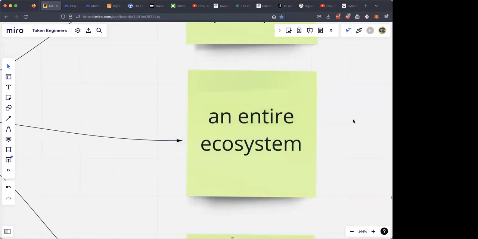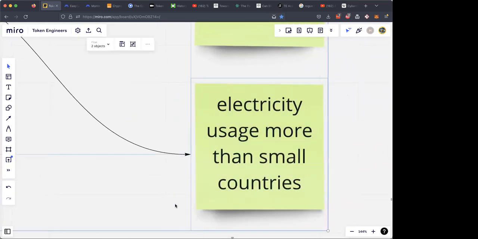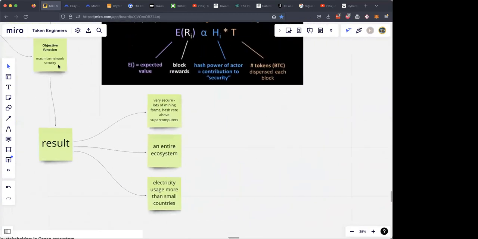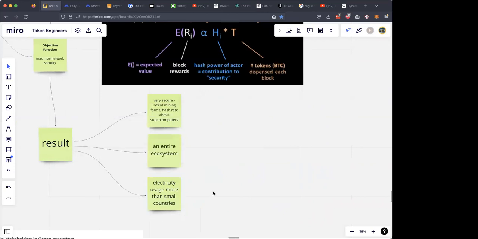It started an entire field, cryptos, blockchains, and the electricity usage is higher than many small countries. So very effective. One objective function is effective at doing many different things. But take note that your objective was network security, and then you also got this stuff. So you have some side effects that you didn't really account for.